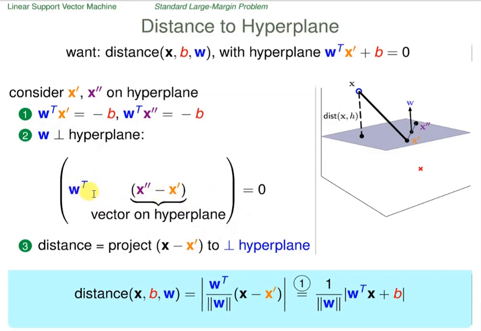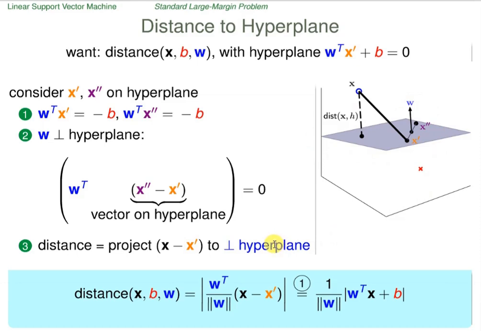Taking the dot product between these vectors is equal to 0. This is the conclusion that W is orthogonal to any vector that lies on the plane. I am referring to this as a hyperplane and plane, so they are equal definitions.